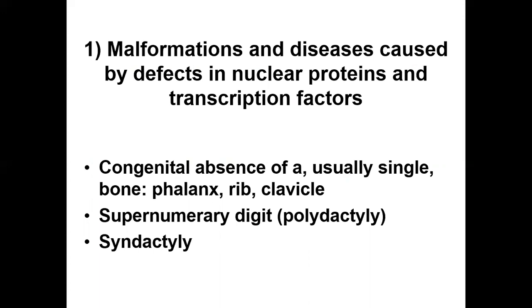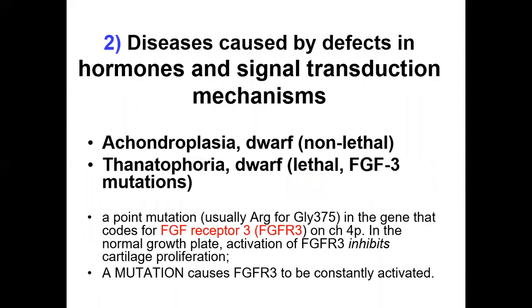So malformations and diseases caused by defects in nuclear proteins and transcription factors: congenital absence of a single bone, phalanx, rib, or clavicle, supernumerary digit. Then diseases caused by defects in hormones and signal transduction mechanisms. Achondroplasia.